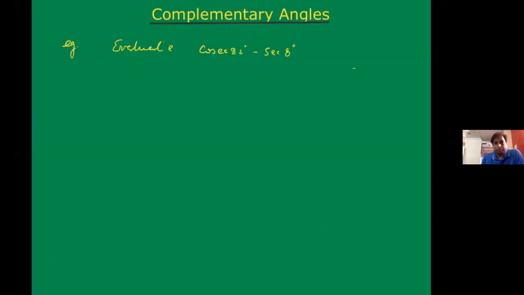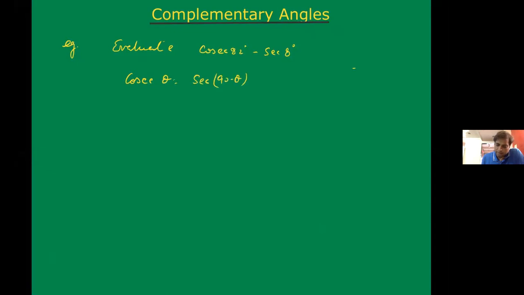Now I will take one more example and try to implement our understanding of complementary angle. Cosec 82 degree minus sec 82 degree. We know there is a complementary relationship between cosec theta and sec theta. So cosec theta equals sec(90 minus theta).